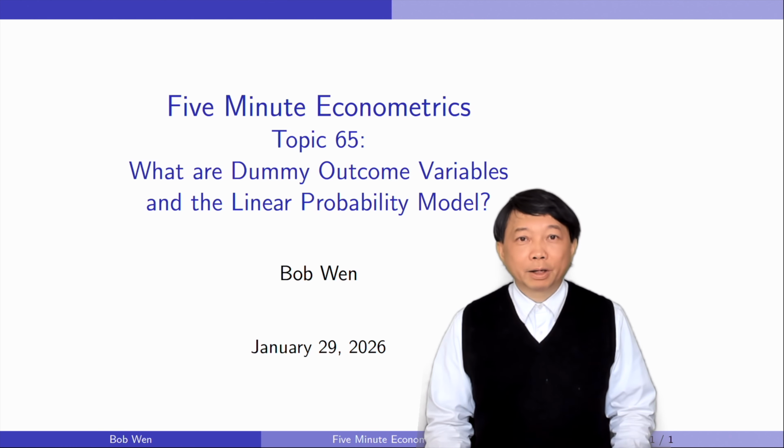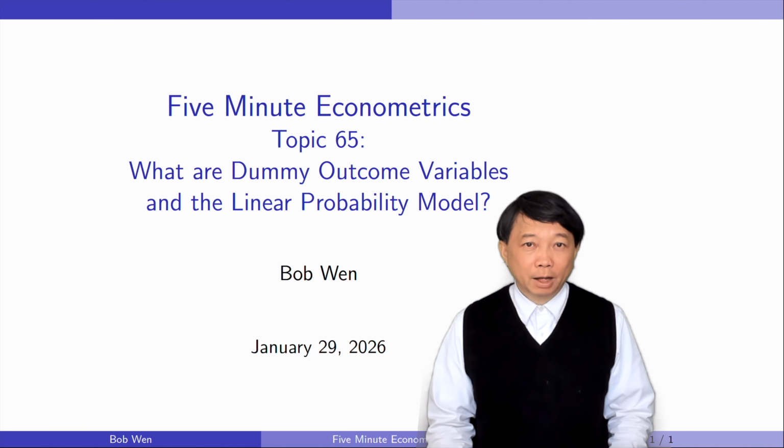Today, we will explore the use of a dummy variable as the outcome variable. That is, the outcome variable is a qualitative event. We summarize the qualitative event with a dummy variable with only two values, 0 and 1.